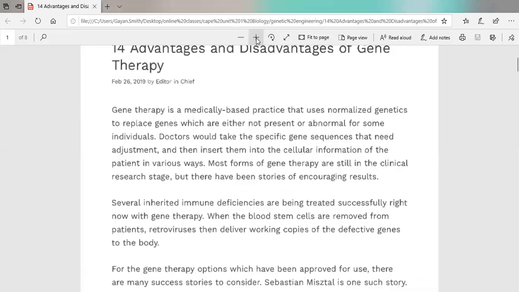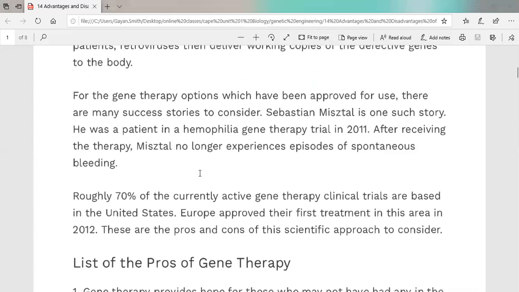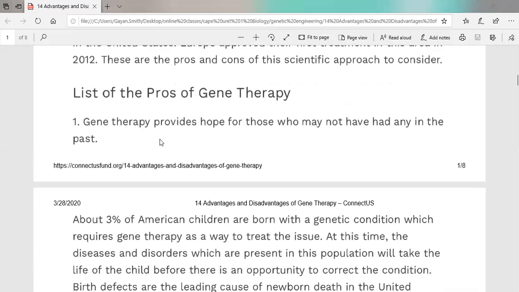This document I'm showing you has an introduction, then a list of the pros of gene therapy, and then a list of the cons. This is the last part of what we're going to go through.